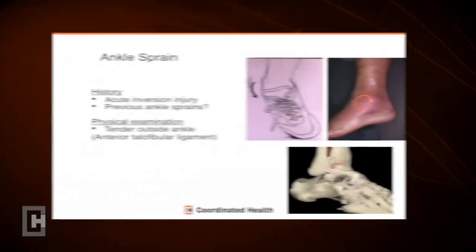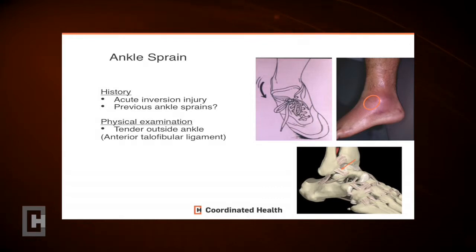Ankle sprains. Probably the most common injury in orthopedics across the board, but this usually occurs when you step in a hole or you step up a curb wrong or something that causes the ankle to turn in like this picture in the upper right. There will be a lot of swelling, maybe some redness on the outside part of your ankle. And a sprain is defined as basically any type of injury to the ligaments.